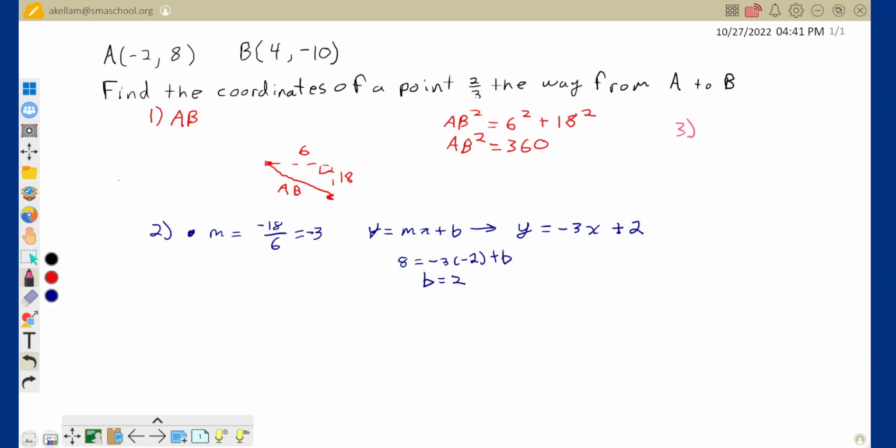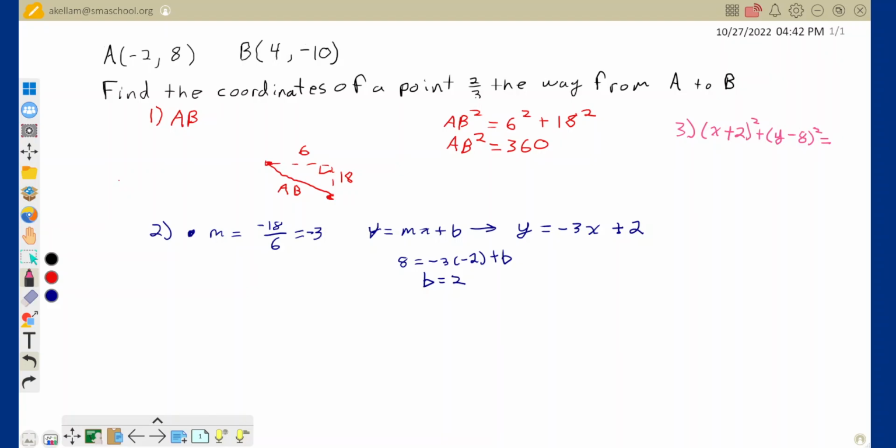So, okay, we have x minus -2, so this is going to be x plus 2, squared, plus y minus 8, squared, and then this is going to equal... Now, we need to get the right distance value here.